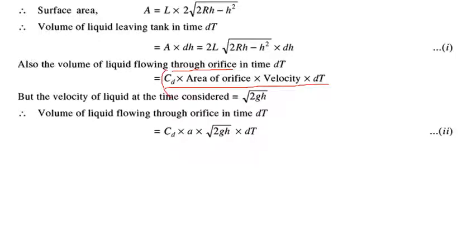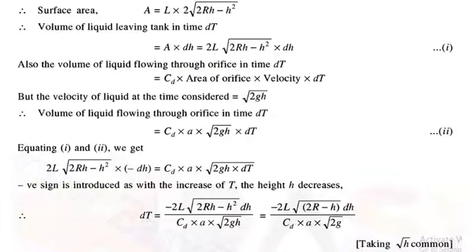This is the theoretical discharge per second multiplied by dt, which gives the total volume of liquid flowing in time dt. So these two can be equated: CD into a into square root of 2gh into dt equals the volume of liquid leaving the tank. So we get this equation.